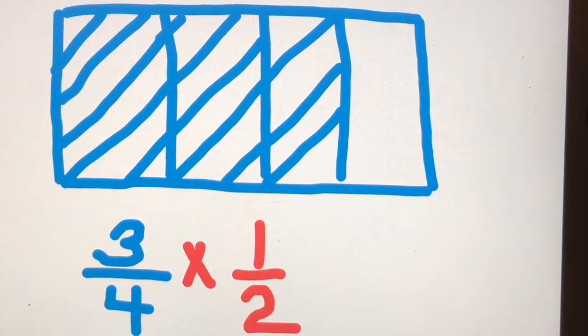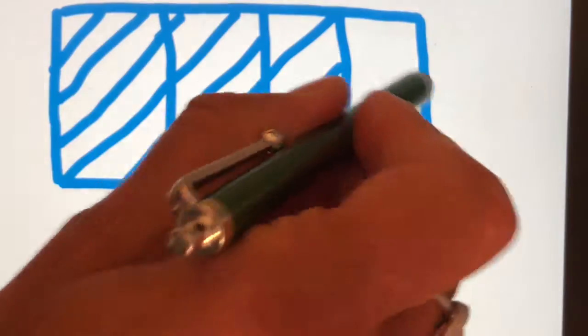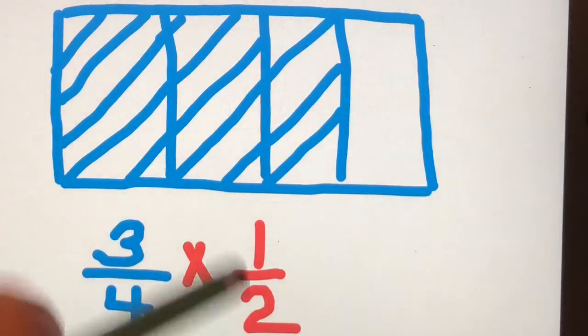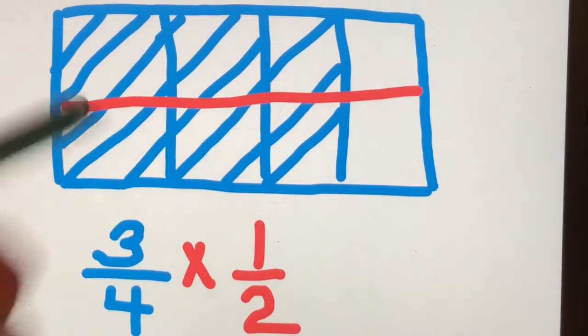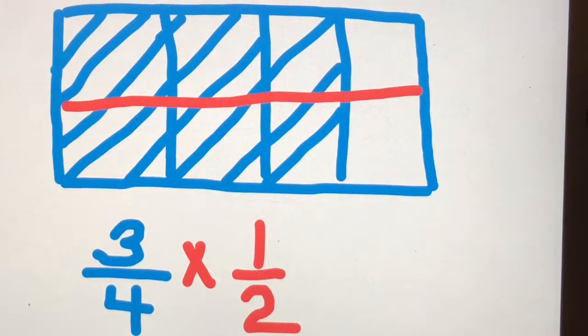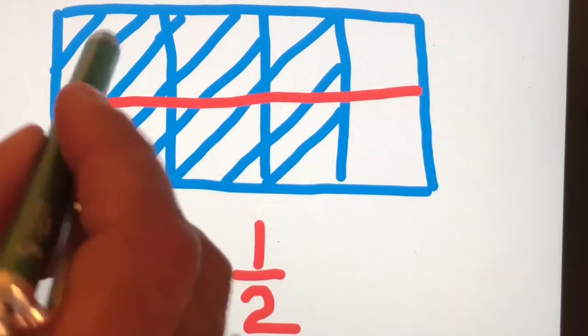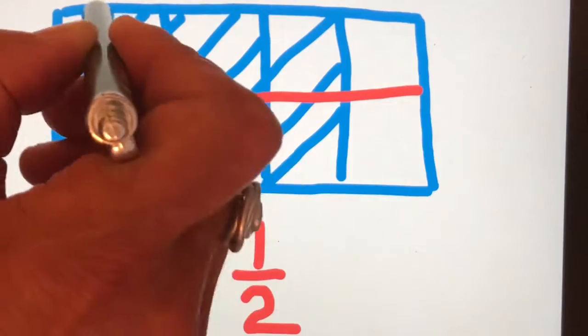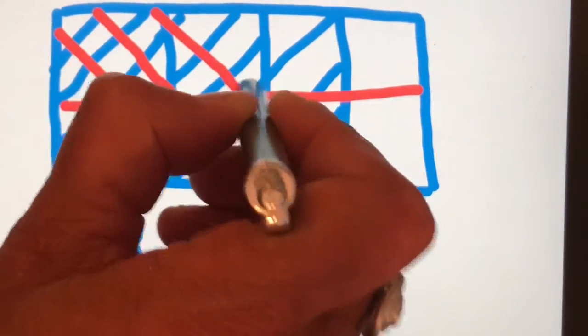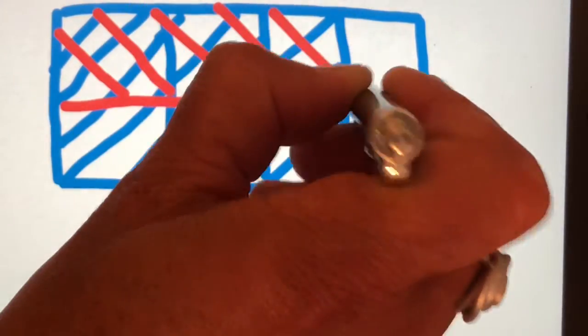And I'm going to do so by dividing my area model into two parts, that unit size of 2. And my numerator tells me that I have 1 out of 2 with a unit size of 2. So I'm going to draw diagonal lines the opposite direction, and I'm going to shade in half of my area model.